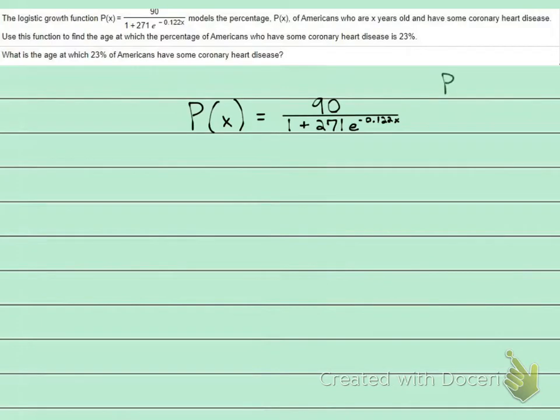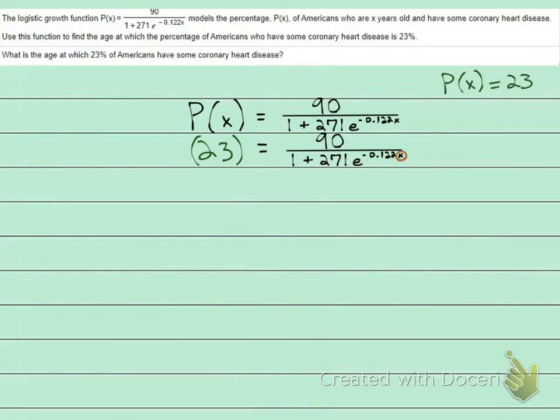Our p of x is 23. So we're going to find at what age we have this 23%. So 23 goes right here for the p of x, and we're going to drop down the right-hand side. Now we want to get this x all by itself.